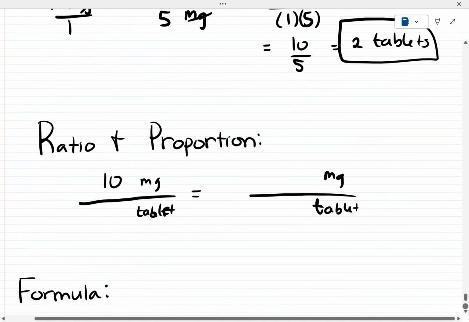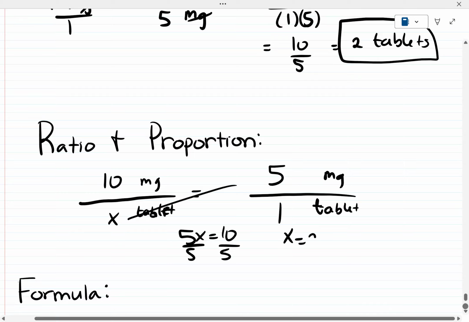Our desire was 10 milligrams, but we don't know how many tablets. Our availability was 5 milligrams for 1 tablet. If you cross multiply, it says 5x equals 10. Divide by 5, you get x equals 2 tablets.